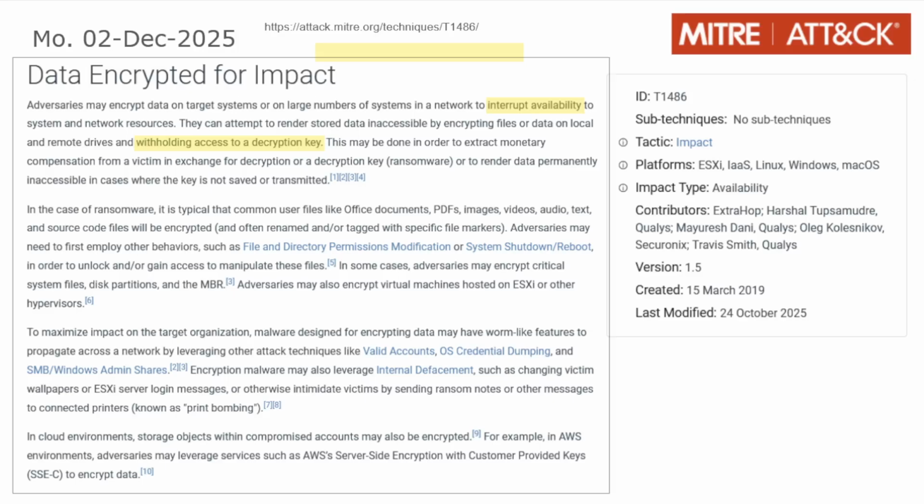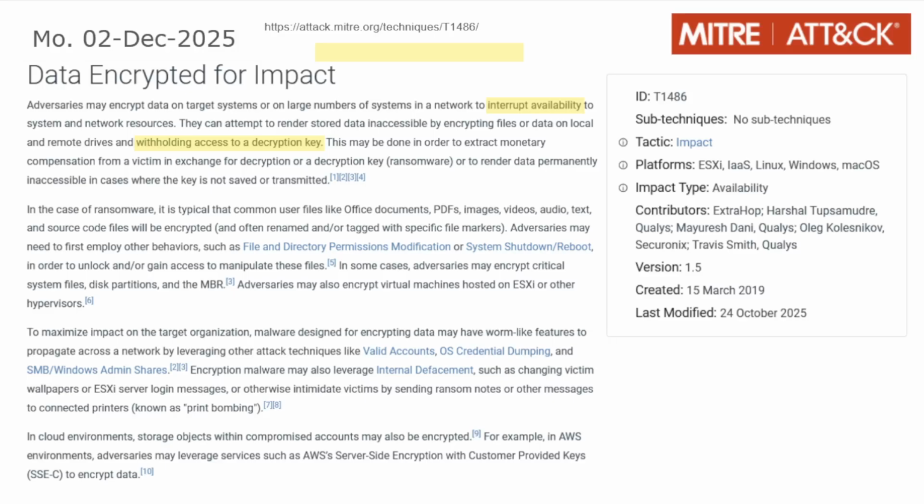Okay, so this may be done in order to extract monetary compensation from a victim in exchange for decryption or a decryption key, ransomware, or to render data permanently inaccessible in cases where the key is not saved or transmitted. Yeah, this last case is just data destruction. What I have seen in my job is cyber criminals trying to sell you the key for bitcoins.